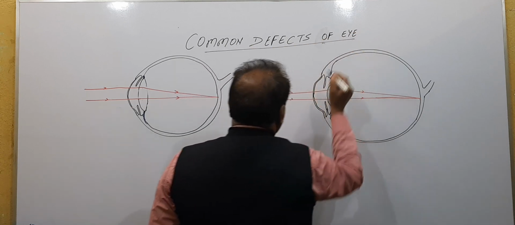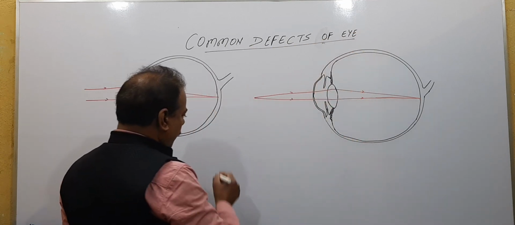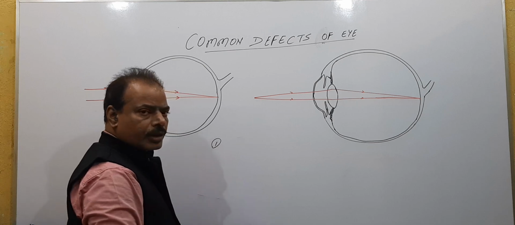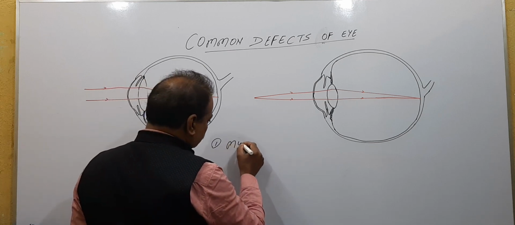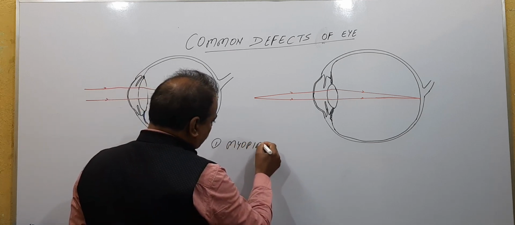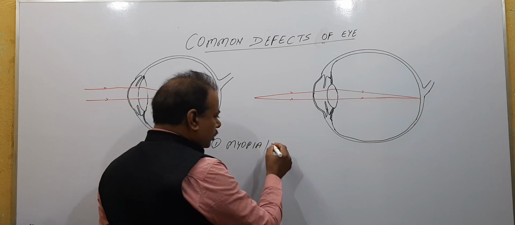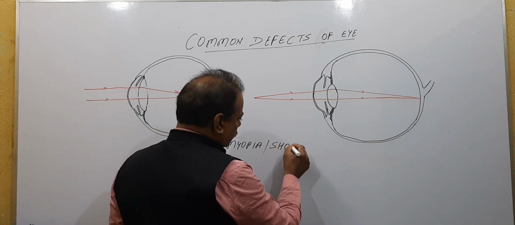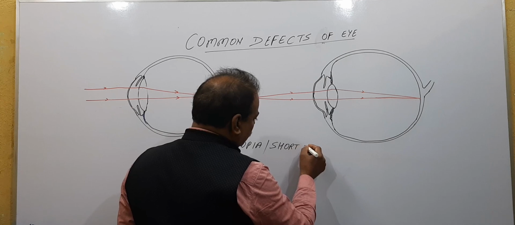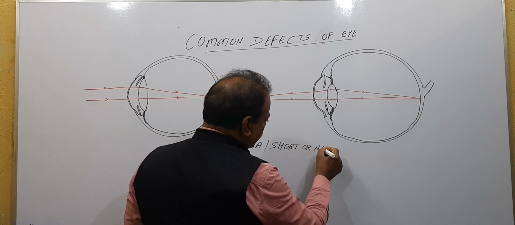At first, myopia, which is also known as short-sightedness, short or near sightedness.